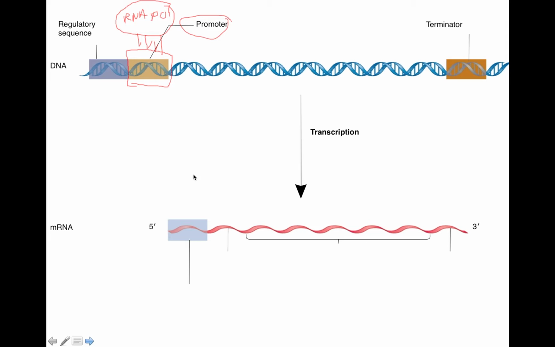At the end of the gene, we have terminator sequences. RNA polymerase will bind here and it will fall off here. After we've produced a messenger RNA, some of the sequences that function as RNA are the ribosome binding site, the start codon, the many codons that encode all the amino acids of the protein, and finally the stop codon.